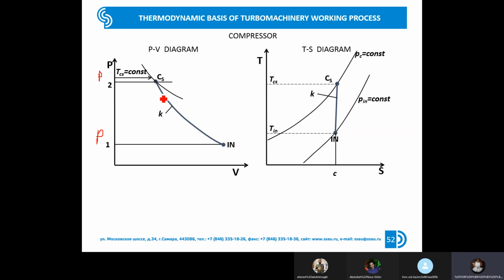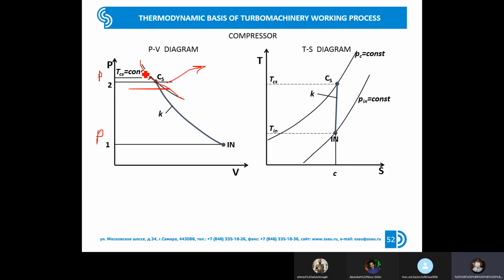And we could say this line corresponds to a line of constant temperature, and this line corresponds to the temperature at the end of the ideal compression. In real compression, we have a much higher temperature. That's why the final point for the same pressure will be moved in the direction of the higher temperature. It means here.